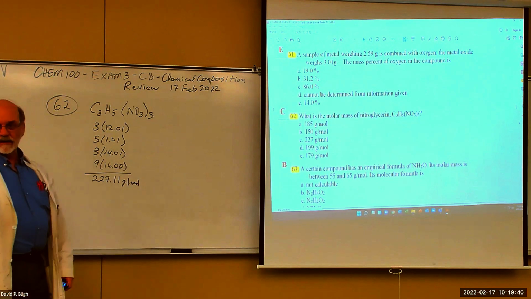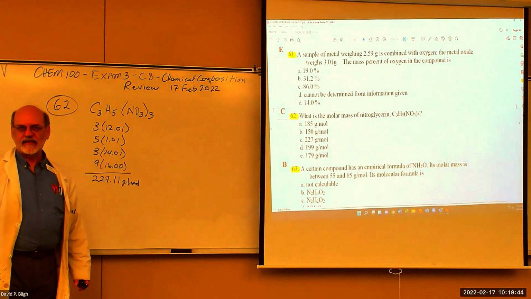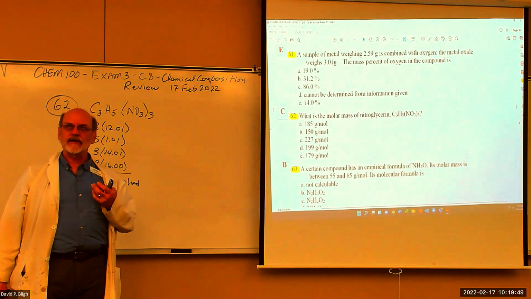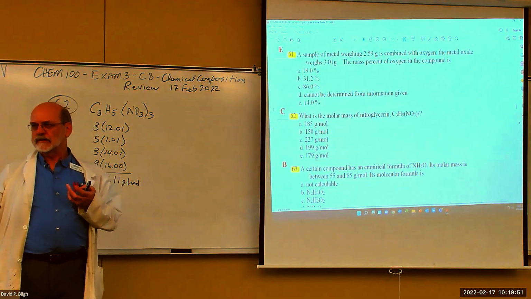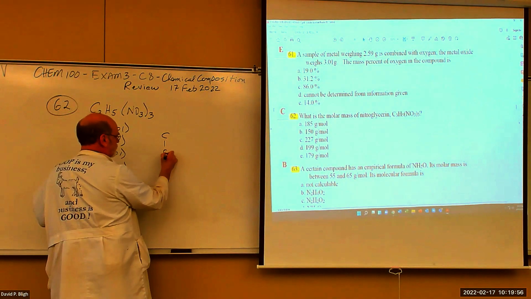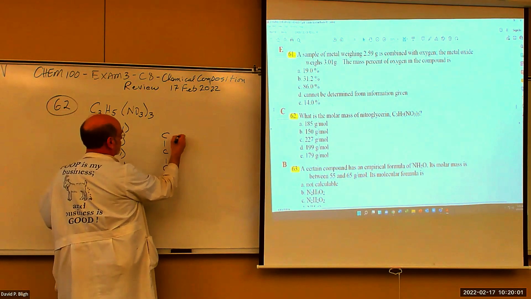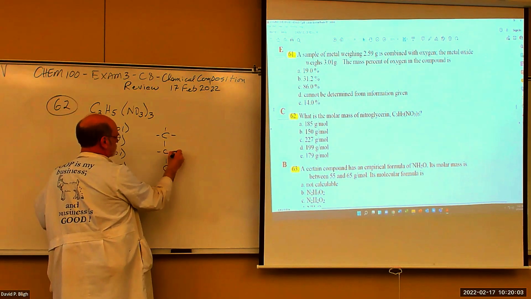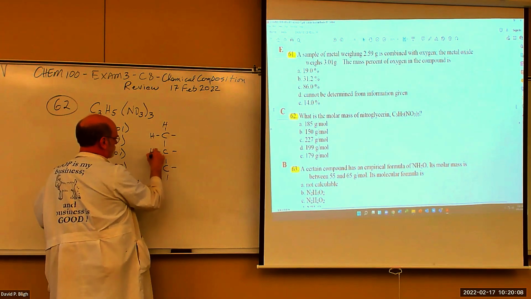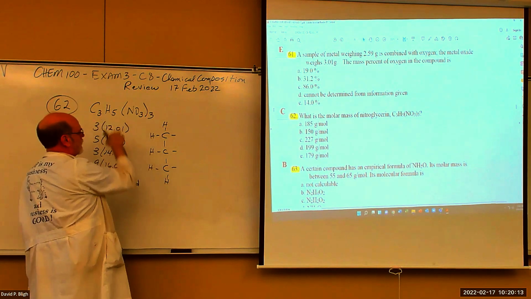Okay, know what glycerin is? Have you ever used it? I think sometimes they make it into saddle soap. Glycerin is a carbon compound that's like this. Got the carbons hooked together. And then it normally has hydrogens here. 1, 2, 3, 4, 5. There's your 5 hydrogens.